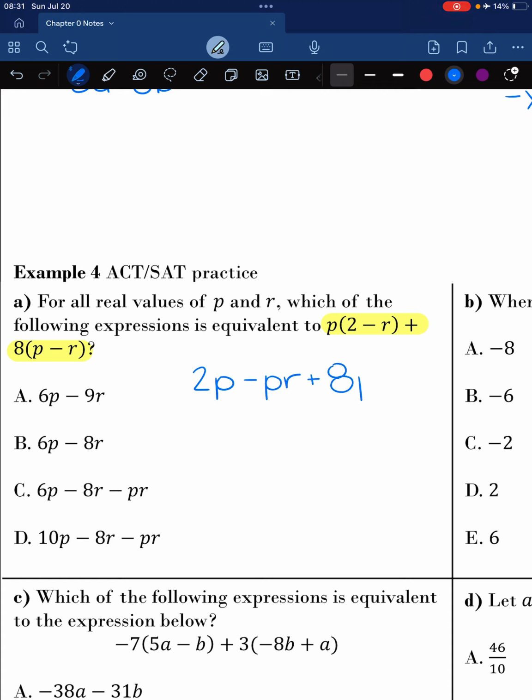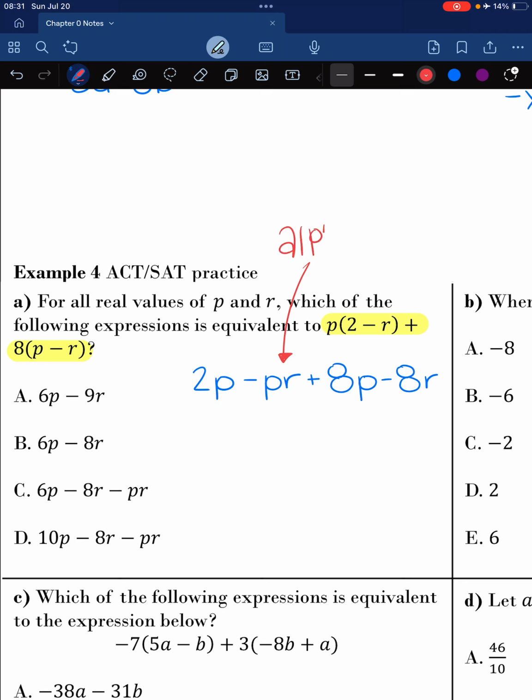And actually an interesting side note is here. Why did I do PR and not RP? A good answer might be, oh, because the P was first when I was distributing, which isn't wrong. But actually, we'll talk about this again later.